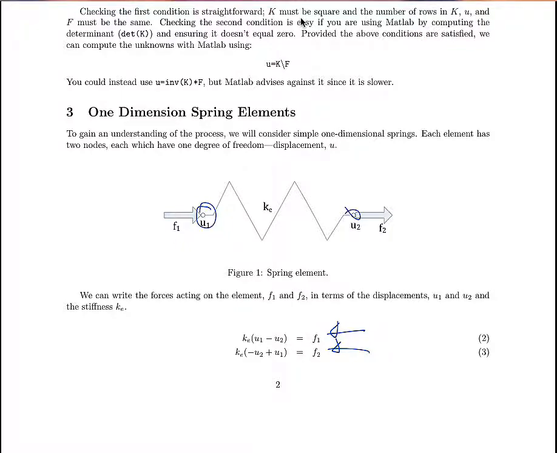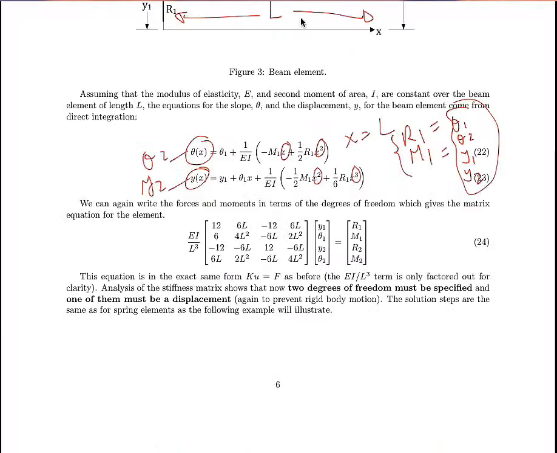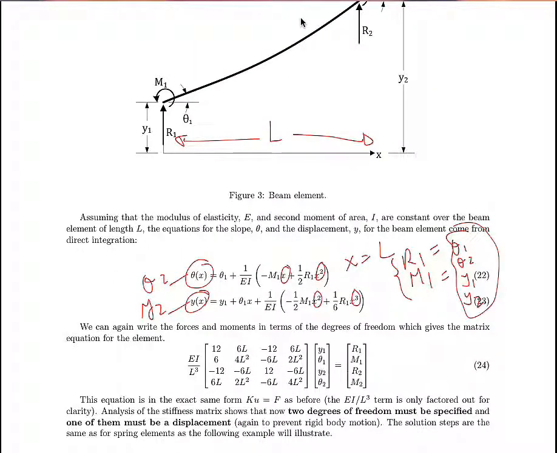And same thing now we can do. It has a little bit more degrees of freedom. In the previous example, we had only 1 degree of freedom per node, but here every node has 2 degrees of freedom, which is the theta and the y.